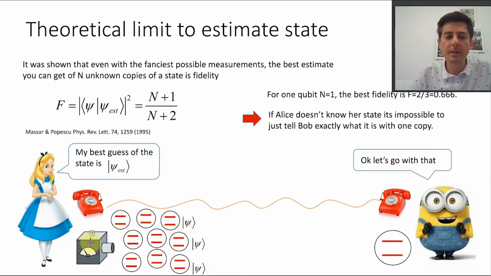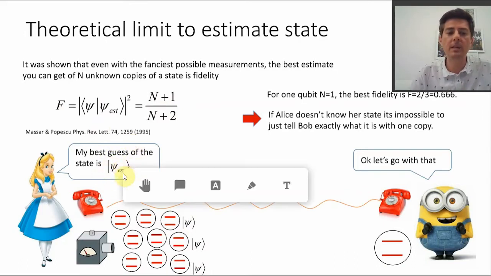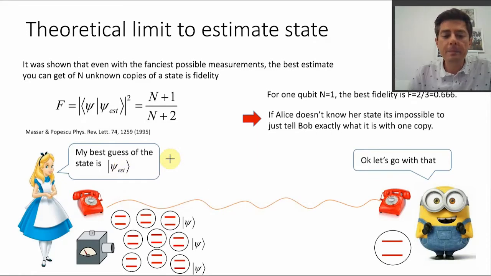She's doing her fancy measurement, and after that whole process, she can work out that her state is most probably this psi estimate state. And from that, she could phone up Bob, and Bob happily says, okay, let's go with that state that you just estimated, and he'll go and prepare that state.